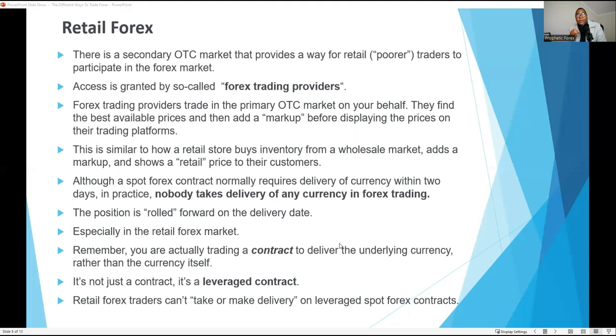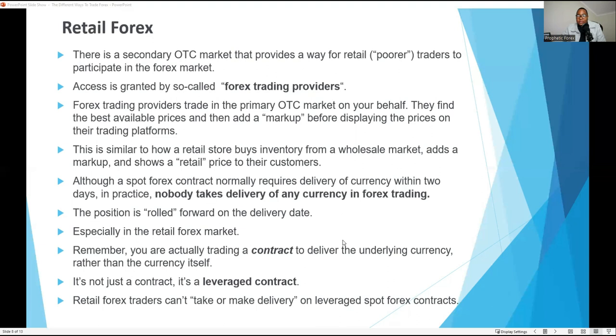So basically what I was saying earlier is that in retail, we are not actually trading the actual currency as we see it. We're trading the contract that binds you and the broker to deliver the currency or the price fluctuations to you. Provided that when you trade and price moves in your direction, you will make a profit. That's when they will actually pay you. So we're trading that contract instead of the currency itself.